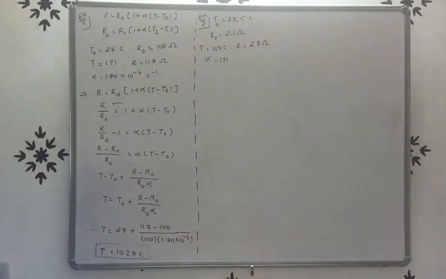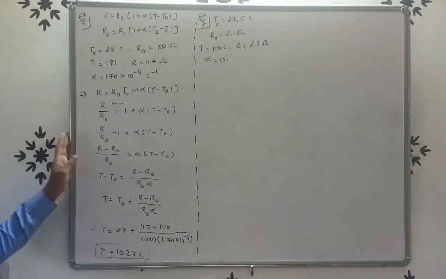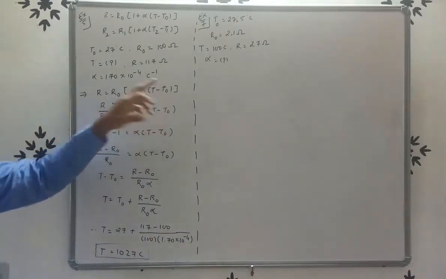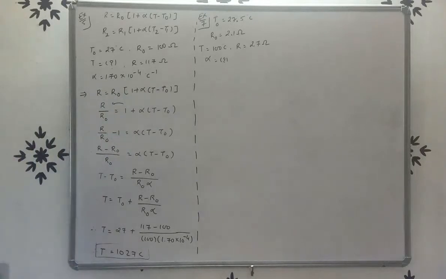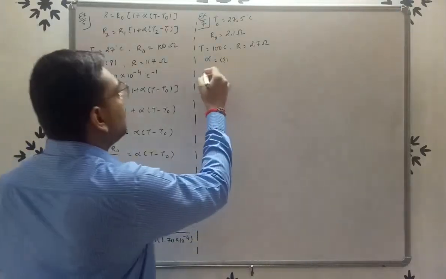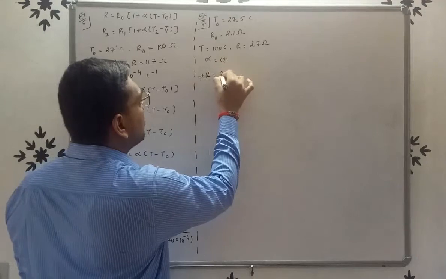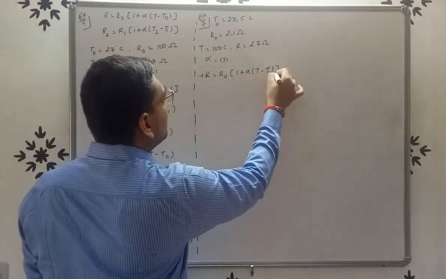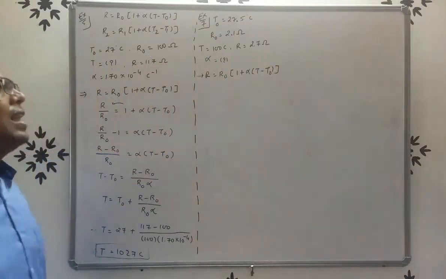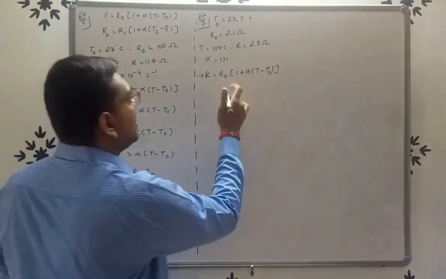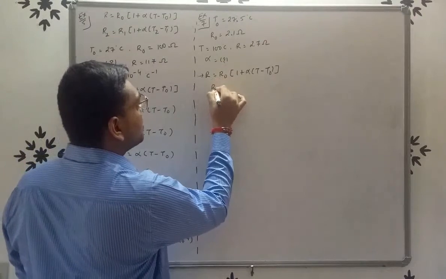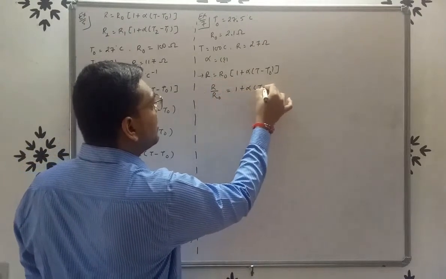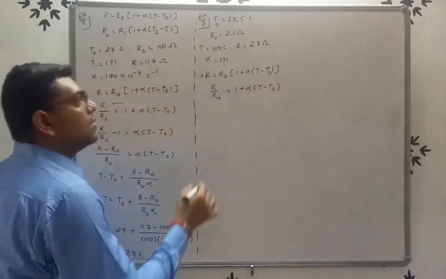So again, friends, we have to use the formula R is equal to R0 into 1 plus alpha into T minus T0, right? Here we have to find out alpha, so we formulate alpha. So here this R0 goes to the left hand side, so R by R0 is equal to 1 plus alpha into T minus T0.